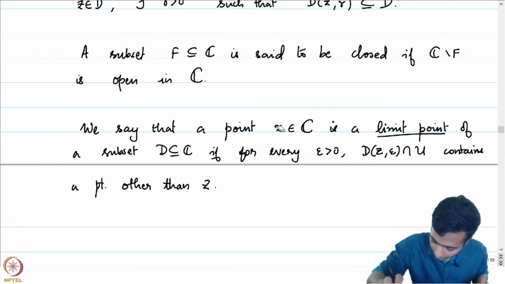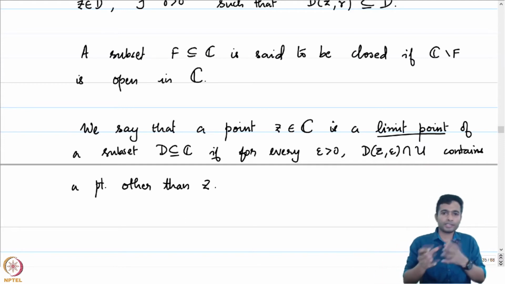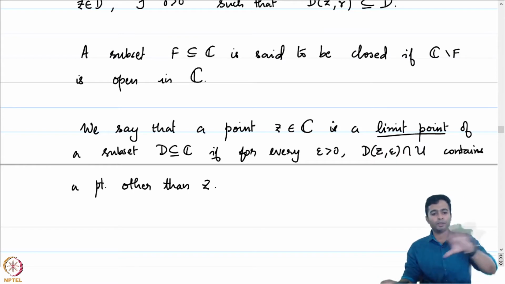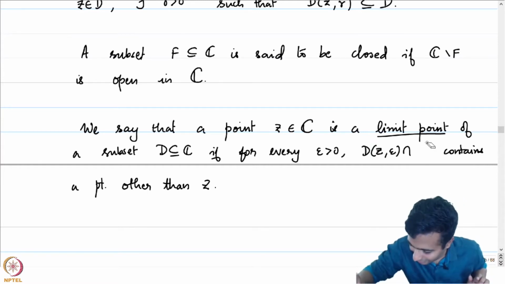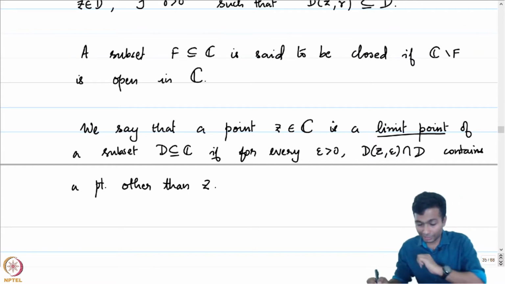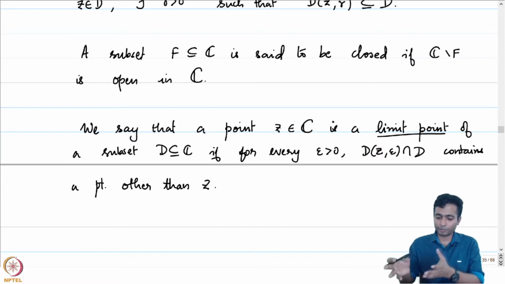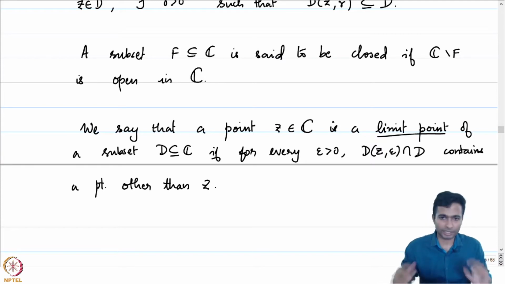So a point z is a limit point if for every neighborhood, every disk of any radius, if you intersect it with D, it contains a point other than z.